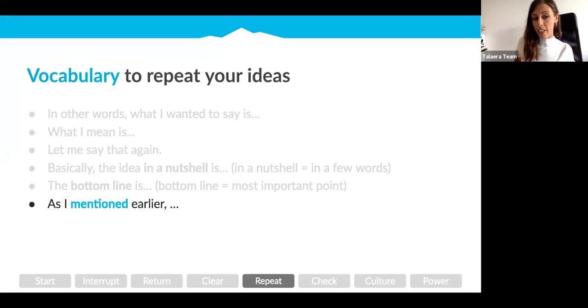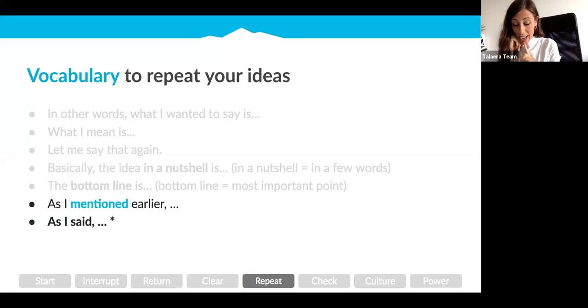As I mentioned earlier, when you want to repeat your point, and as I said, have a little mark there, because this one sometimes can come across as rude. I had this conversation actually yesterday with one of my students, and we were not sure why it is rude in some situations. We came to the conclusion that when you're repeating your own words, it's okay, it's fine.